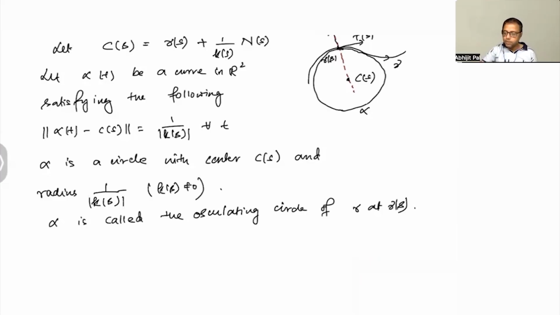Now let me tell you about the geometry of bending of this curve with respect to the signed curvature. Suppose I take this oriented curve in this way, and this is my orientation of this gamma. Gamma is a unit speed curve.